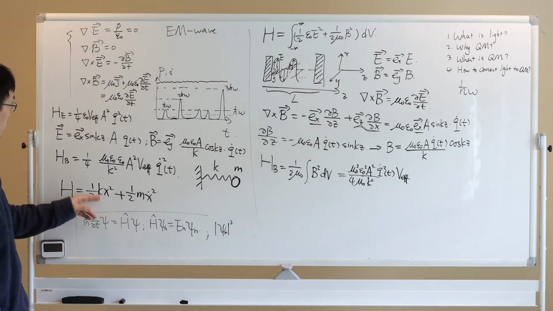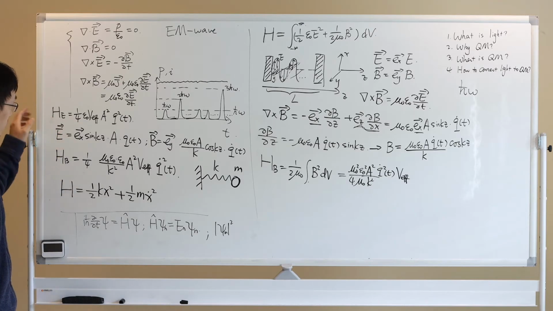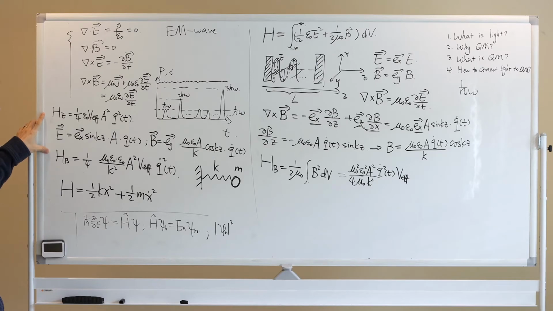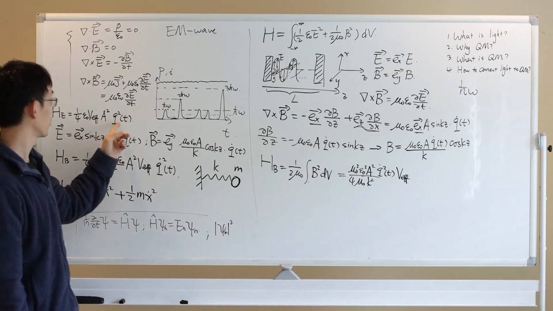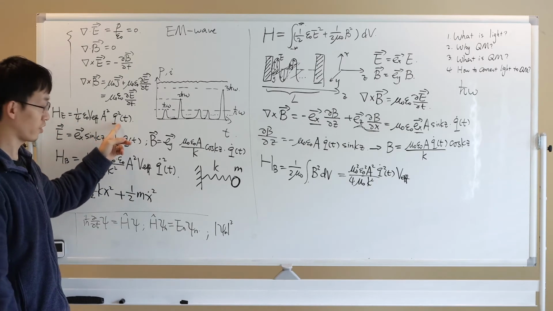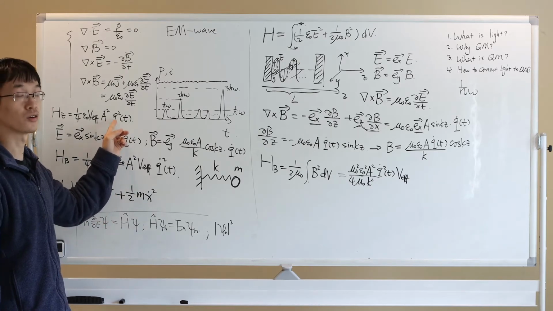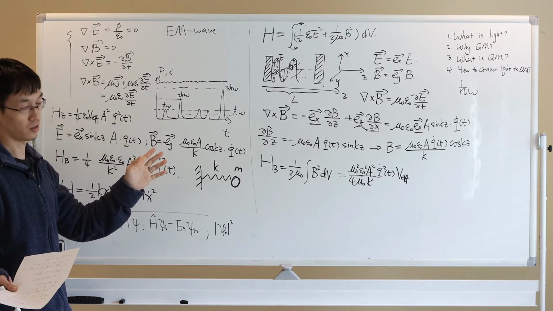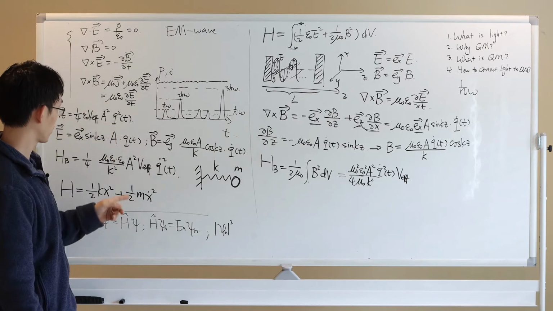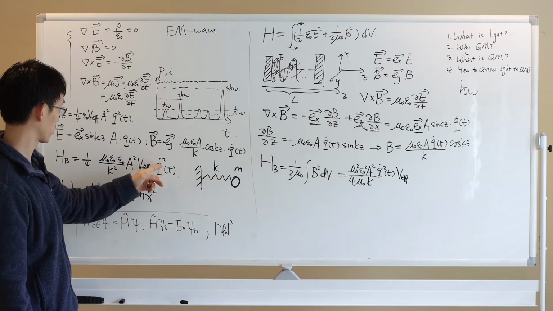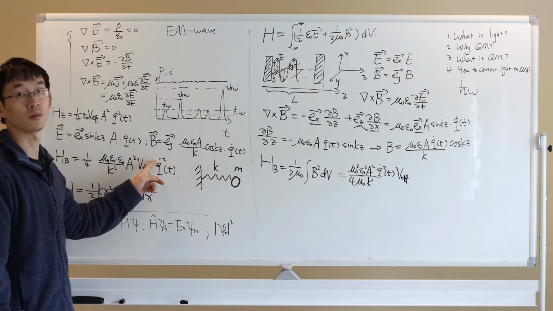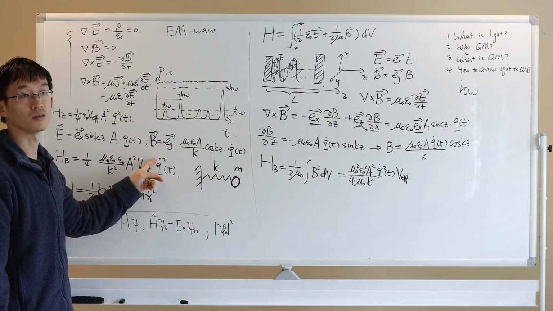So now if you look at these two, there's some extreme similarity here, that the energy is composed of two parts. One part is represented by one variable. Here it is x, the other is q, but in a mathematical sense they're the same. The other part is that variable's time derivative.